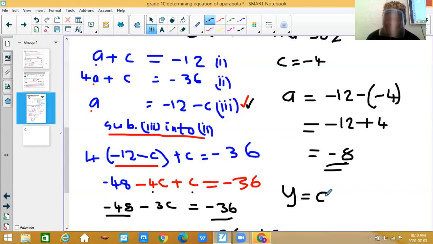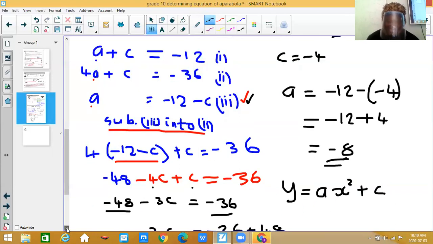Now, after we have found the value of A and C, you come on to our equation. What is the value of A? Our equation is going to be y is equal to negative 8x squared. What is the value of C?